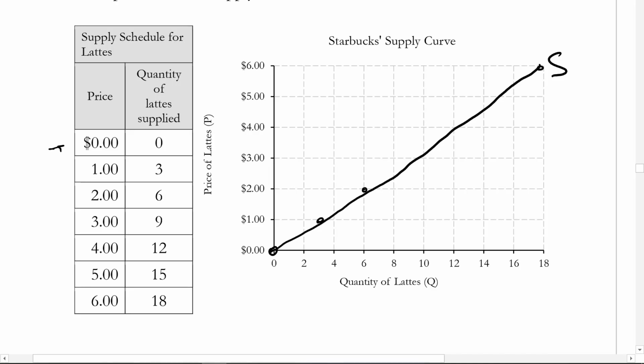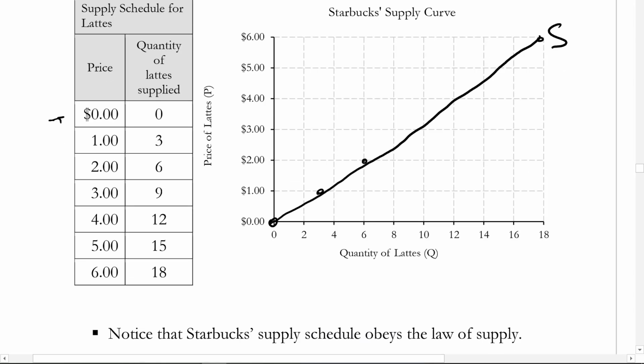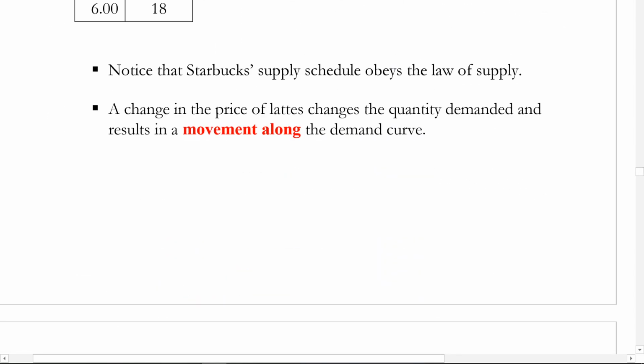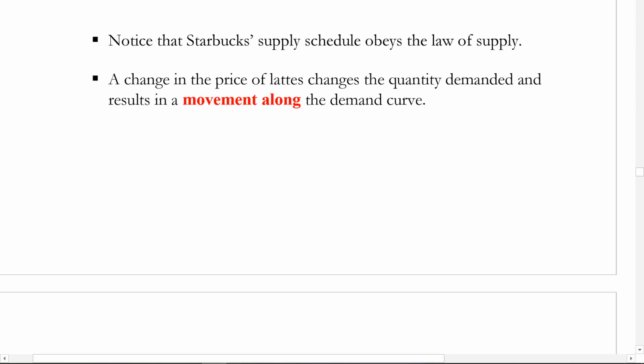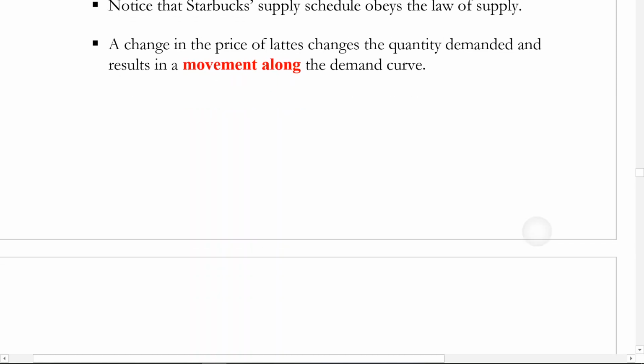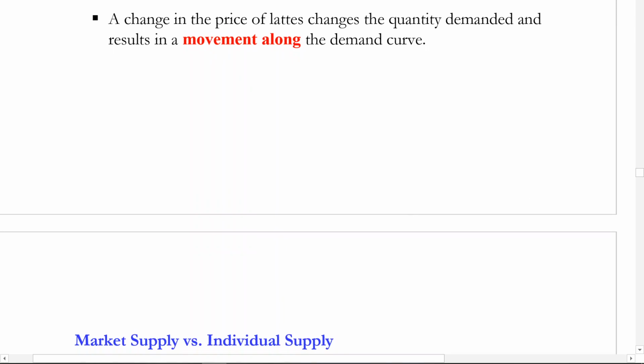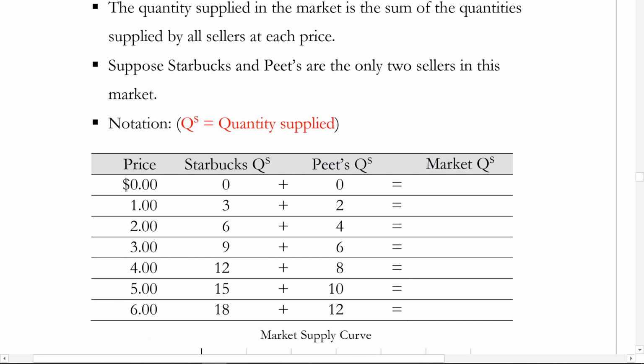But again, when we're talking about supply and demand in markets, we want competitive markets. So we want many sellers. We're going to look at the price and aggregate the quantity supplied over many sellers to see this market supply curve and show that it also obeys the law of supply. And as the price changes, we move along the curve to look at the quantity supplied. So here we had another coffee shop.